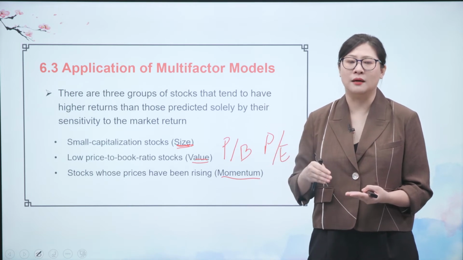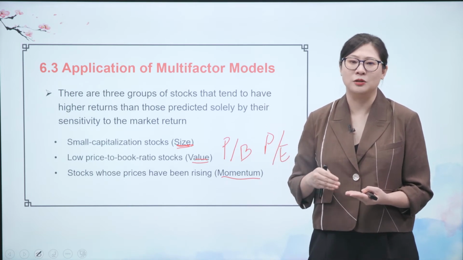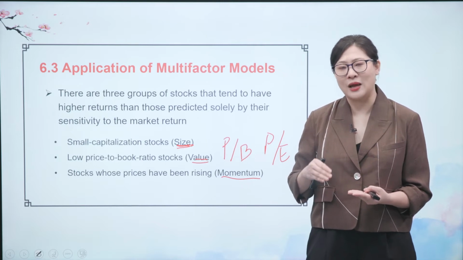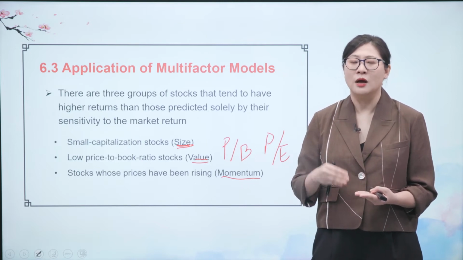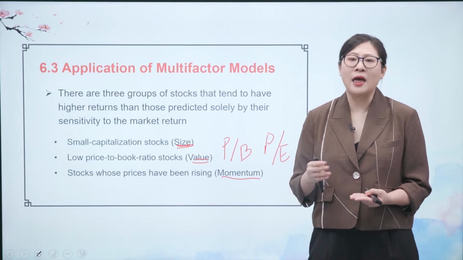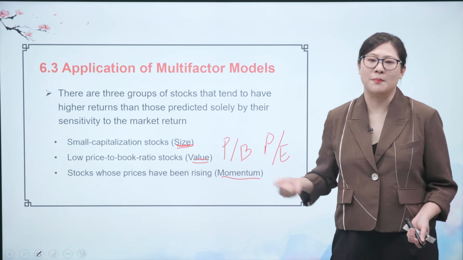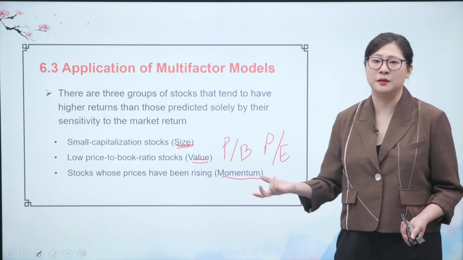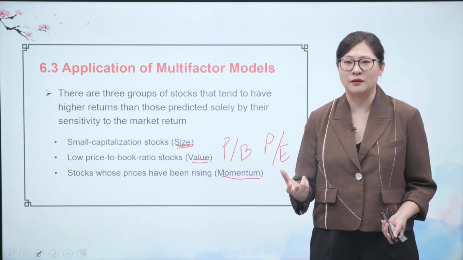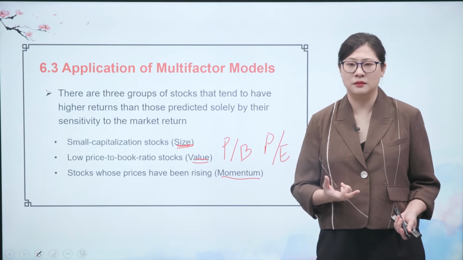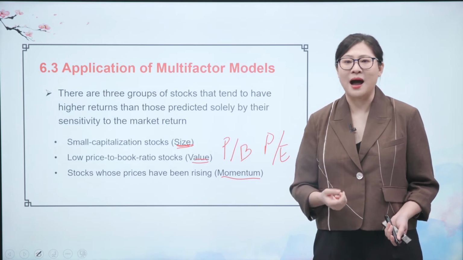So those are momentum stocks. In China, we have another name, 追涨杀跌. Lots of investors assume that the market will follow this, so if they find that a stock has previously increased, they will buy it.